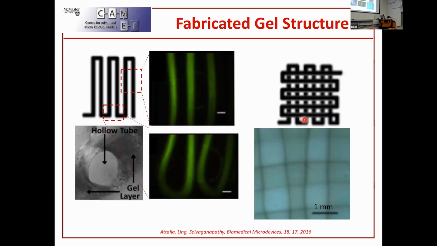So she demonstrated that if you can do something like this, you can get these hollow gel layers with hollow channels embedded in it. You can perfuse them. This is perfusion of these channels with some fluorescent nanoparticles, so they don't go into the gel itself. But if you have small molecules, they diffuse well into the gel. And the cross-linking is reasonably fast enough that you can go one layer up and down and another layer back and forth, right?